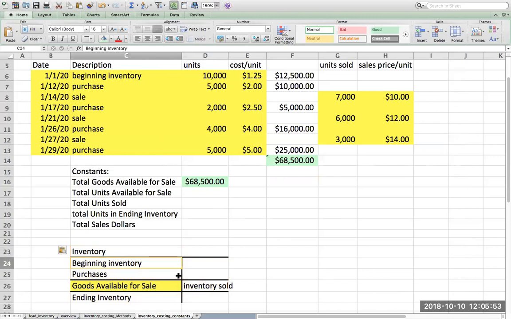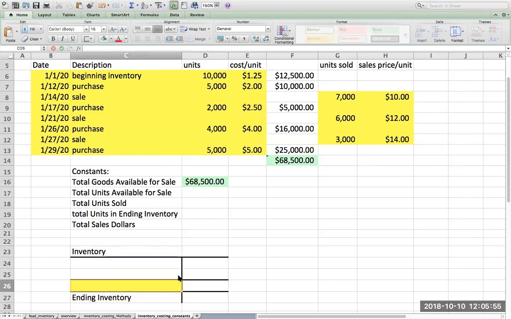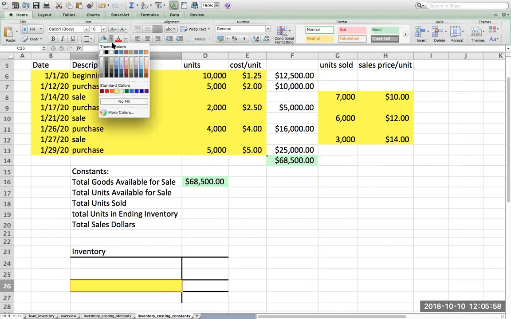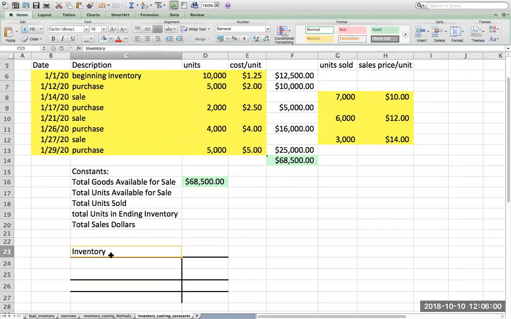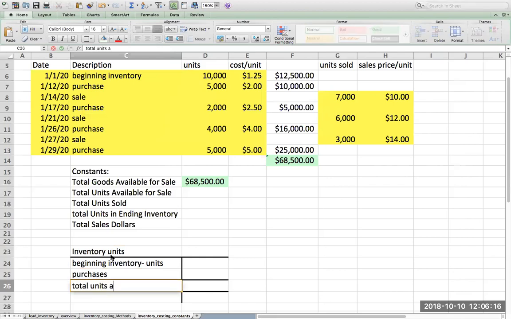So here in my inventory account, in terms of units, I have my beginning inventory, plus my purchases, giving me my total units available for sale, less my units sold, giving me my units in ending inventory.